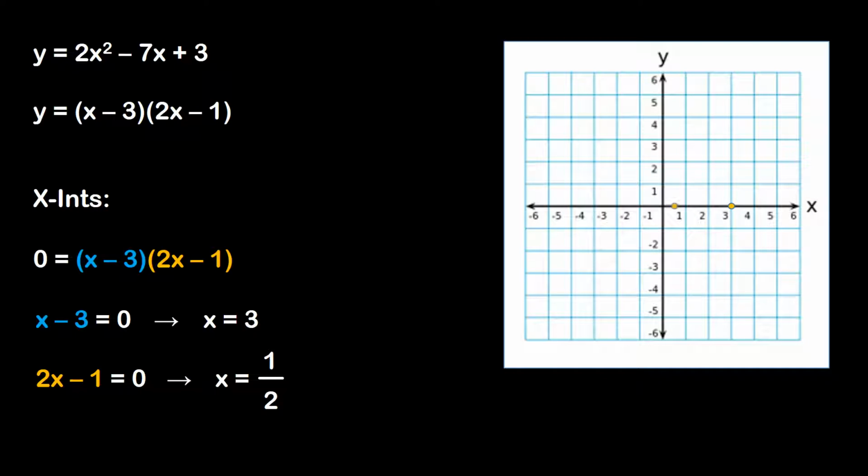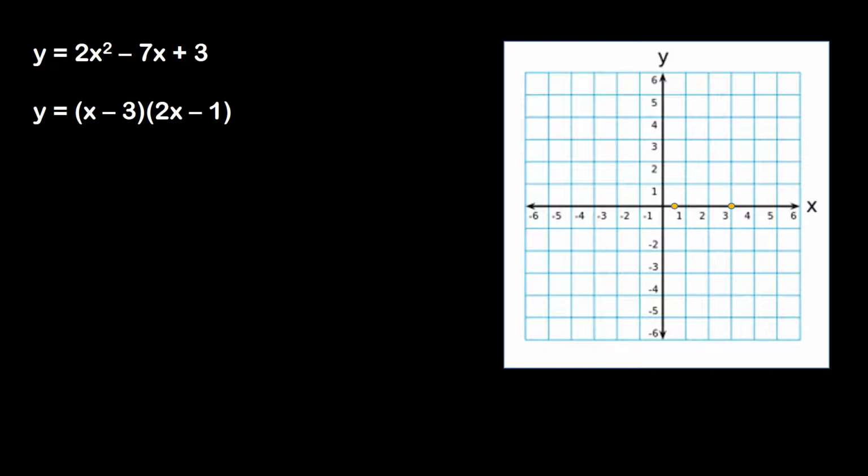Here once again we have that the x-intercepts are 1 over 2, 0, and 3, 0. And just as before, we established that for a parabola, if we have 2 points at an equal height, we can find the vertex by finding the midpoint in between those 2 points. Now again, here it might not be as clear what the midpoint is, but once again we can treat it as an average value.